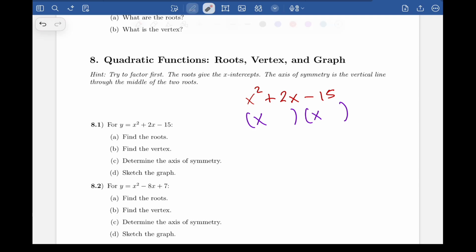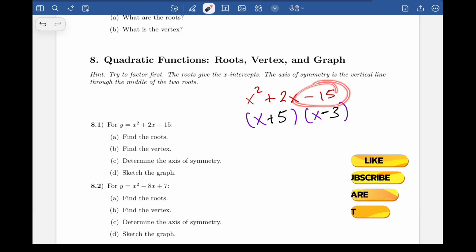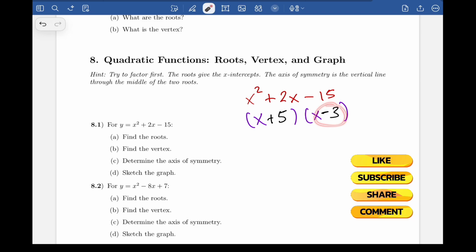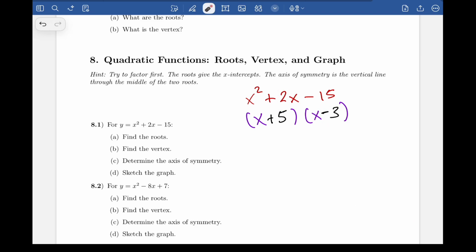What about 5? Let's see, a positive 5 times a negative 3. If we multiply 5 times negative 3, it's a negative 15. If we sum 5 minus 3, it's 2. So this is the factorization.